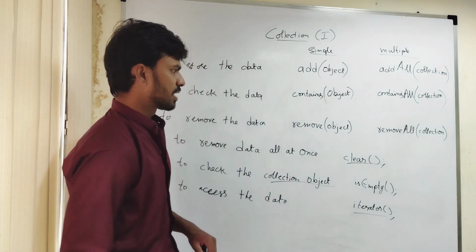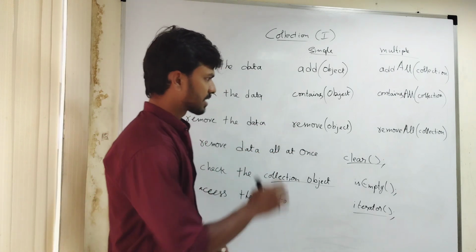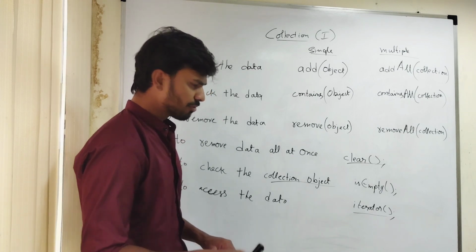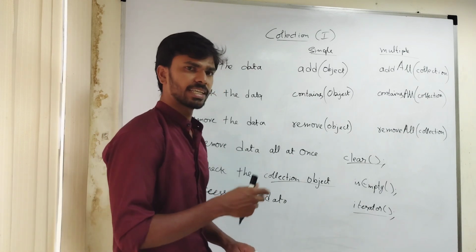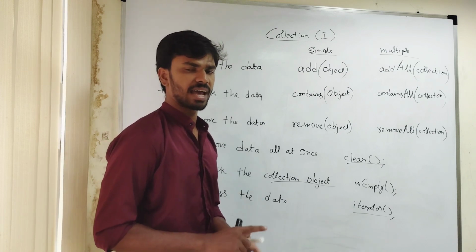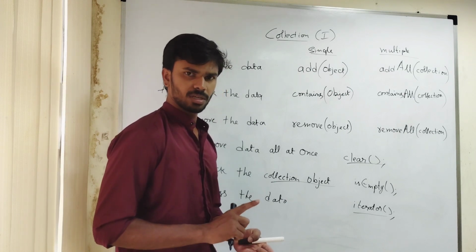So these are the methods we have inside the collection interface. All these methods will be inherited by all the interfaces and the implementation classes like we discussed: ArrayList, LinkedList, Stack, Queue, and TreeSet.